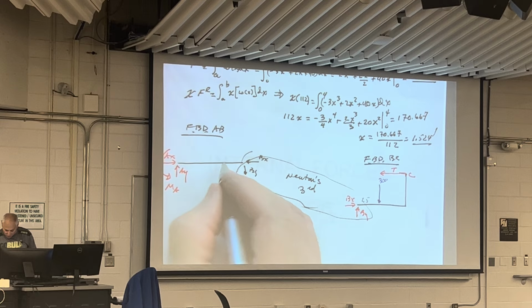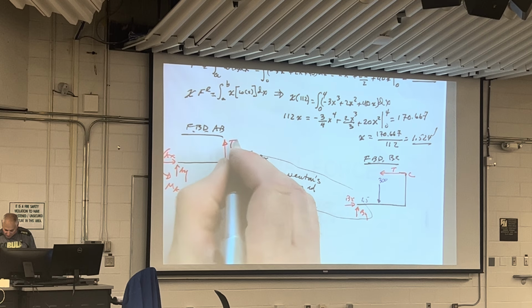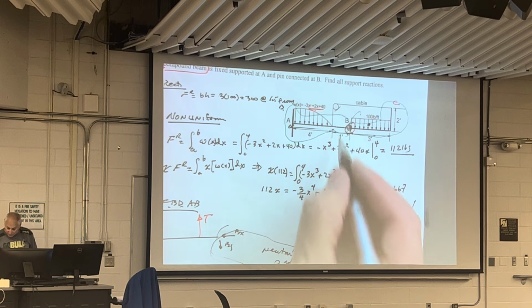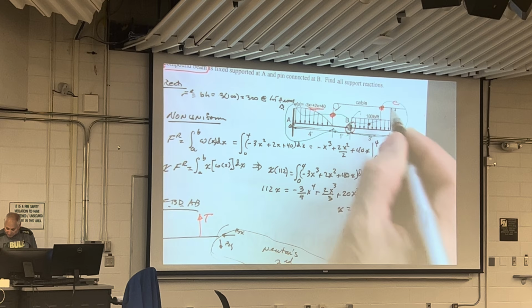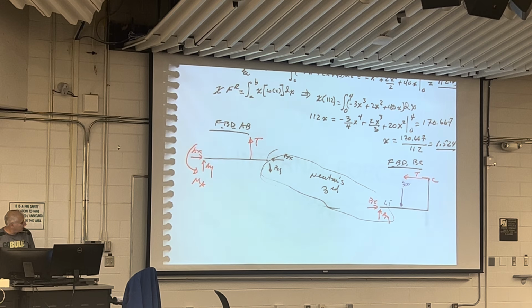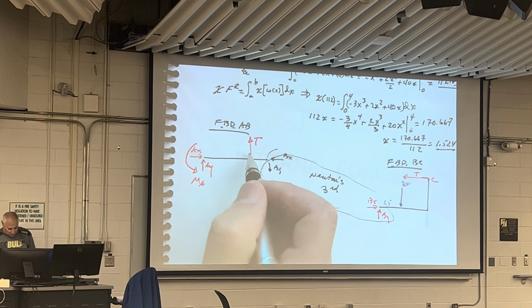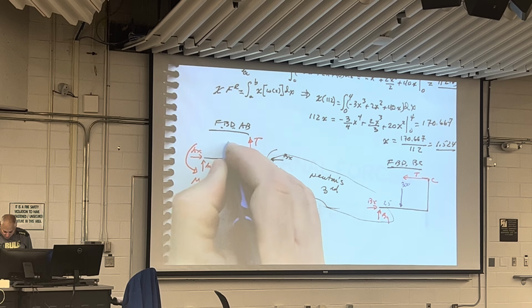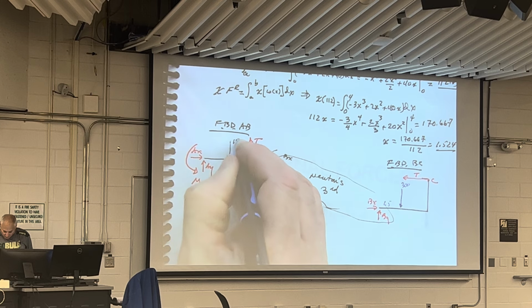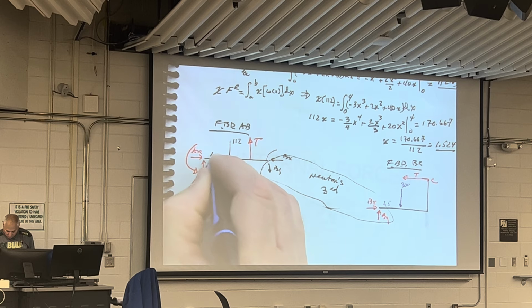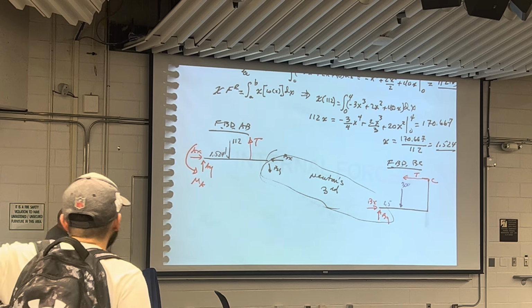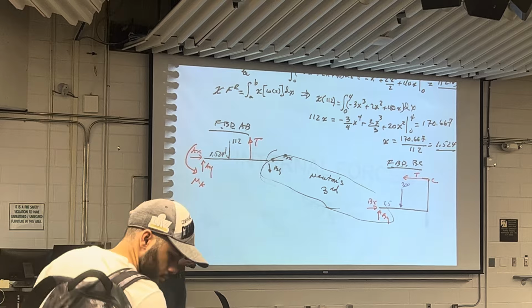And then I'm going to show this cable tension because I cut through it up here and then I cut through it there. So I got to show it in two places. I showed it here and I got to show it there. And we have to put in our single force resultant from the distributed load, 112, 1.524 feet away. There it is in two pieces.